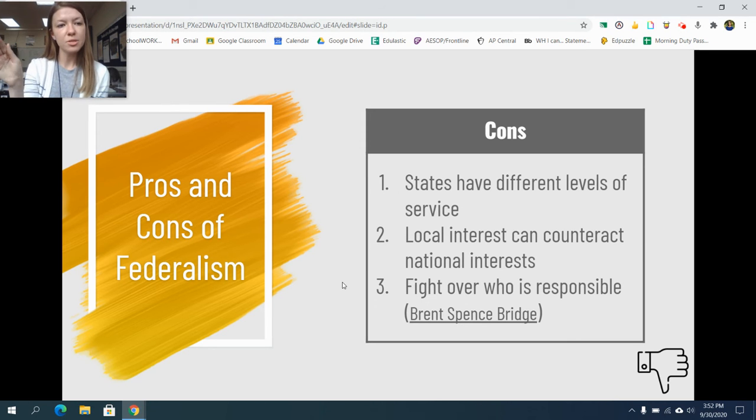Now, on the opposite side of the spectrum, federalism does have some negatives or some cons to it. Because states can make their own laws, they have their own powers, they're responsible for their own education systems. States have different levels of service, so the education that you get in one state, for example, is different than another.